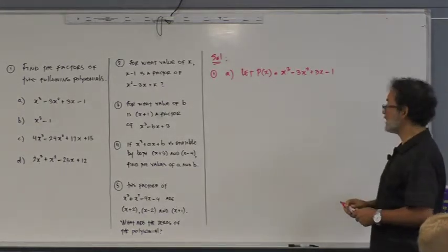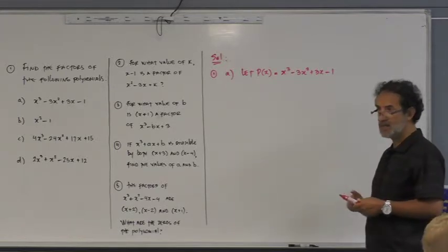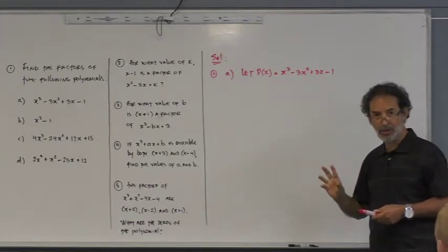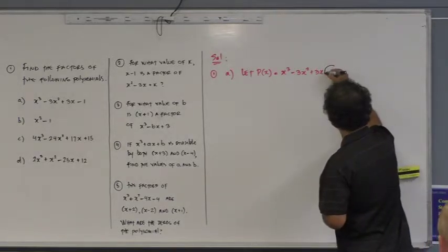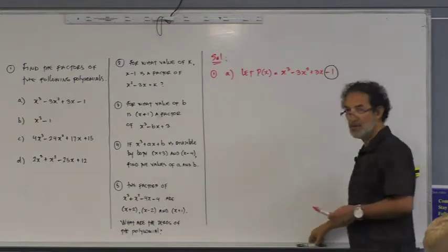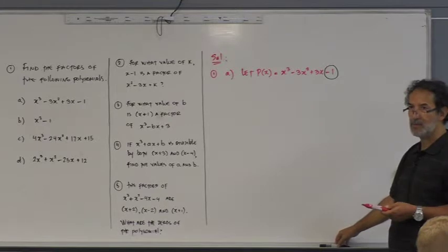From yesterday, if you want to find the factors, the first thing you have to do is look at the constant, which is -1, and find the factors of that constant. The factors of -1 are, what is it?